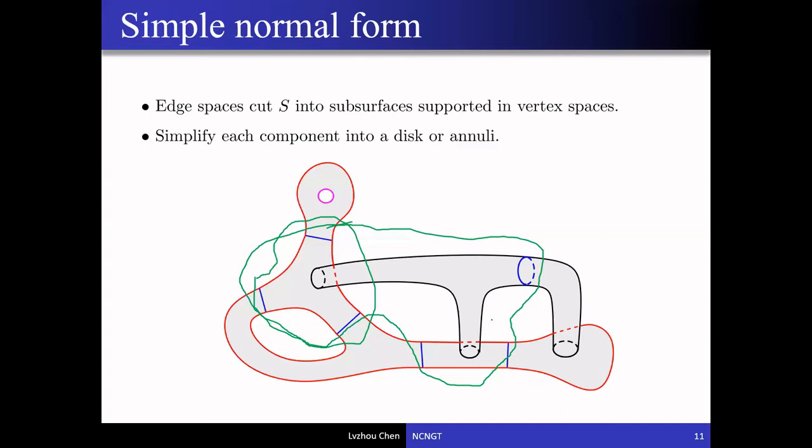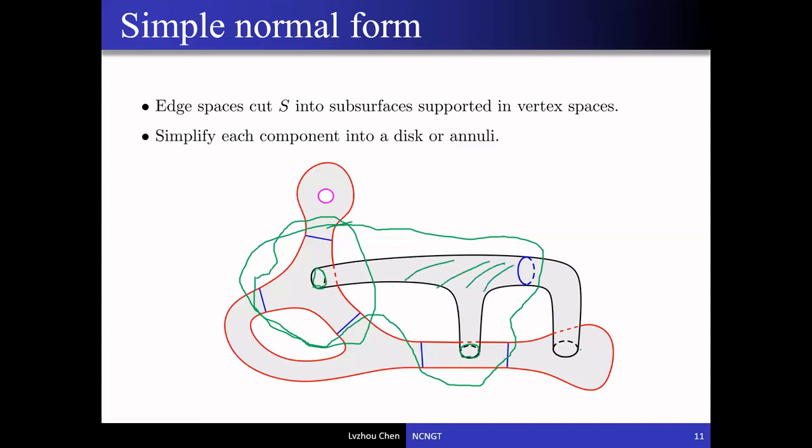In this case, what we do is we cut out a tubular neighborhood of each polygonal boundary. Then we'll have some subsurface that witnesses no polygonal boundary at all. And what we do is just throw such a component away.